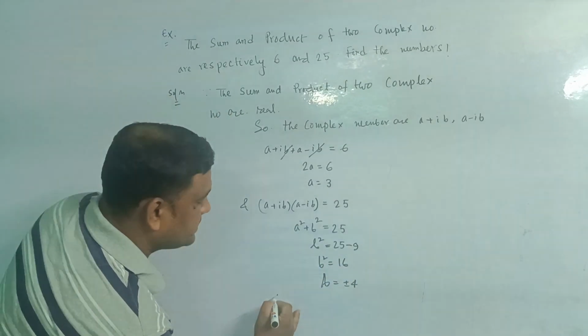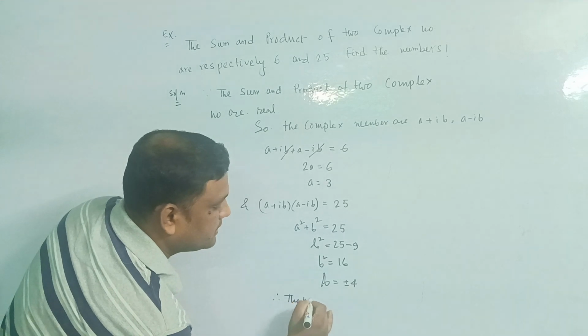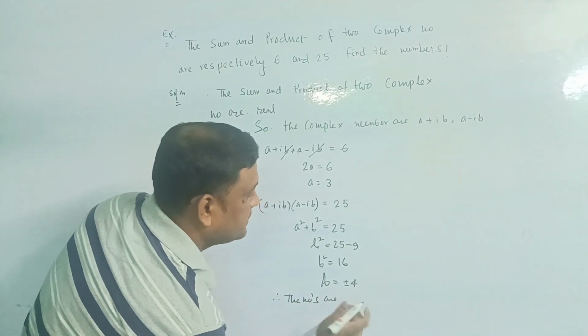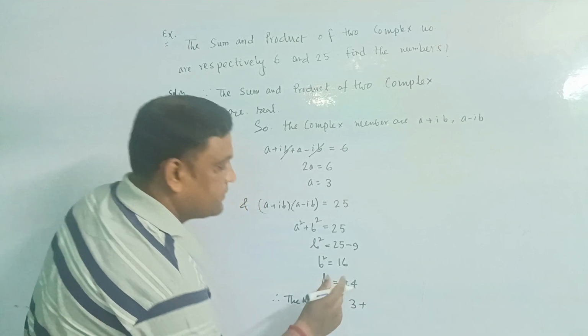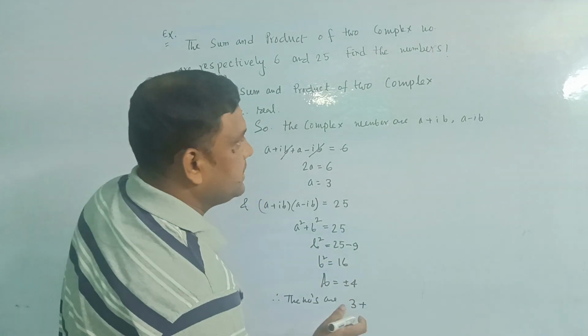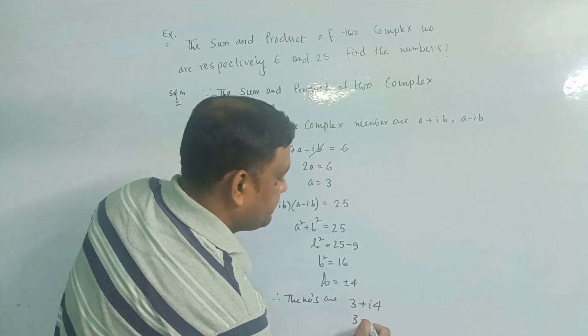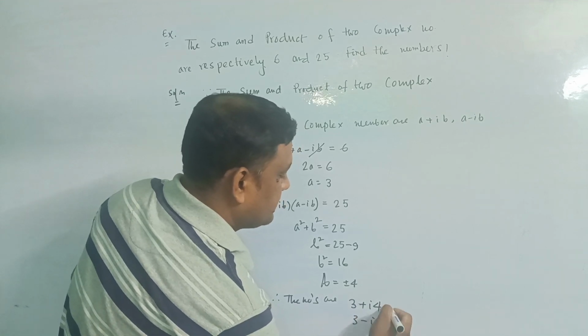So what is our complex number? Therefore, the numbers are 3 plus, when I take b equal to 4, 4i, or 3 minus 4i.